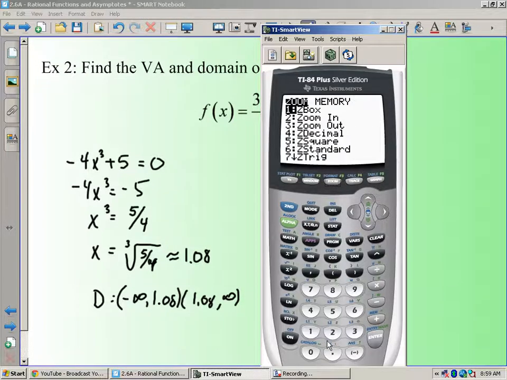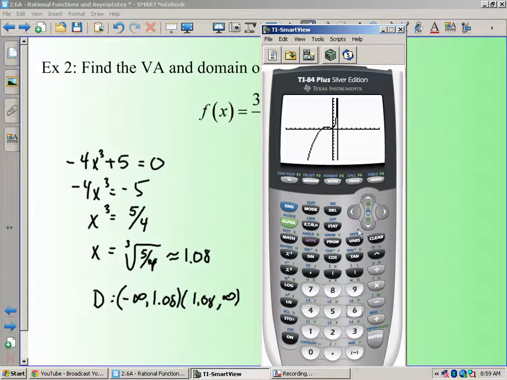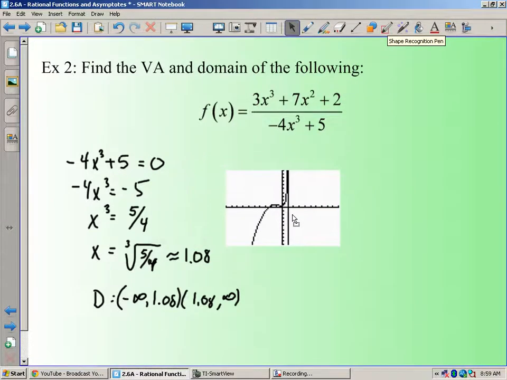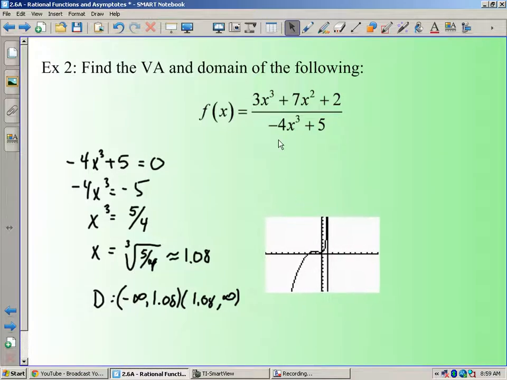You can see at approximately that 1.08 my graph is going to break, and again in this case, since the degrees are the same, we should have a horizontal asymptote at like negative 3/4, and so you can kind of see that on the graph also.